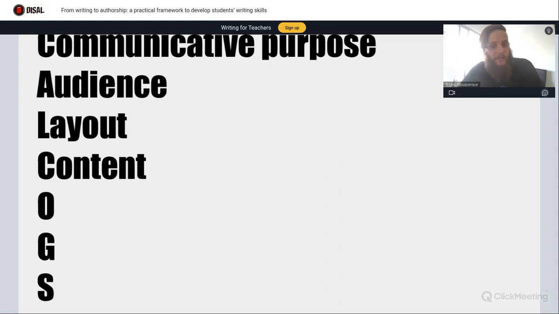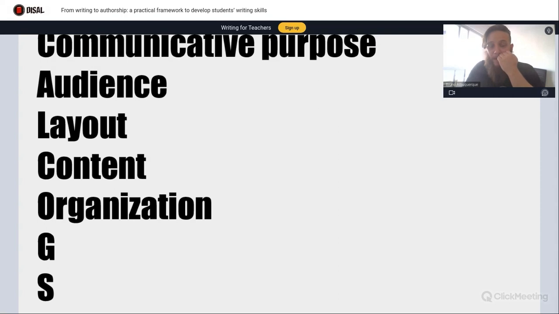Then content. So what is it? Hello, Beatriz. What is it that is in the layout, right? So the layout is how you organize what elements you have on the page, and then content is the what being organized in the page, right? And then content is ingredients, steps, cooking instructions, quantities, yeah.